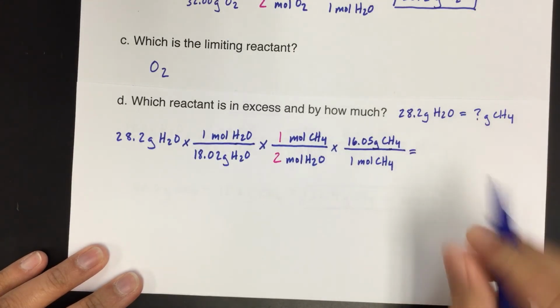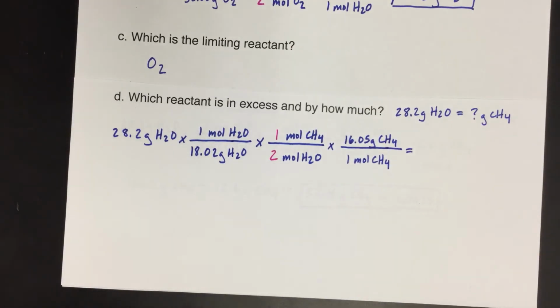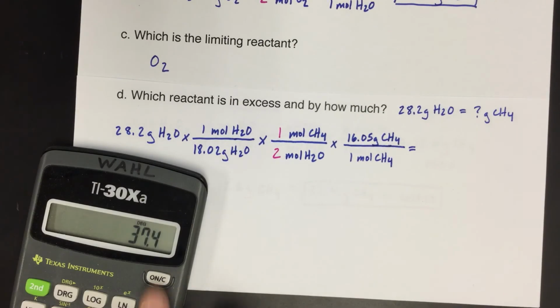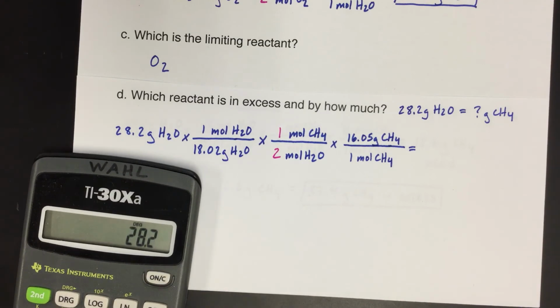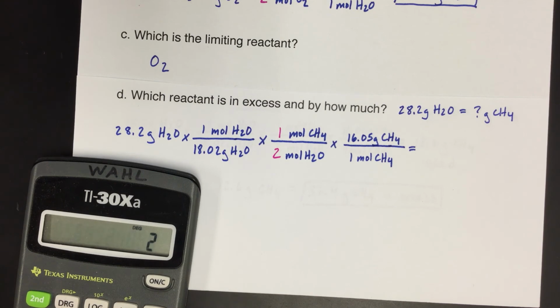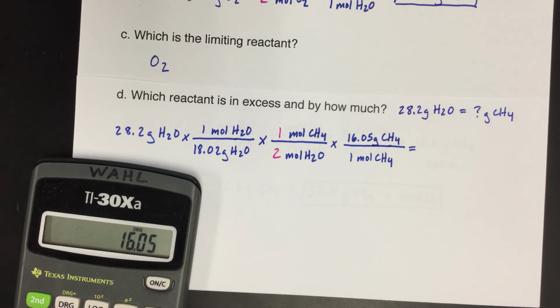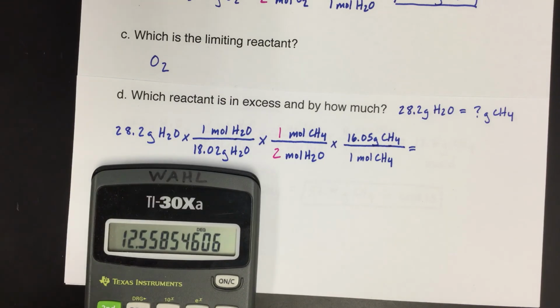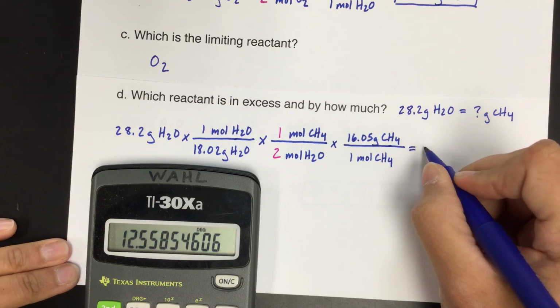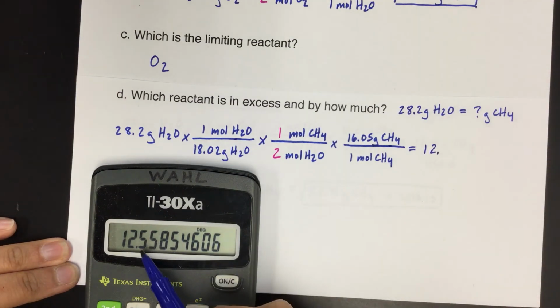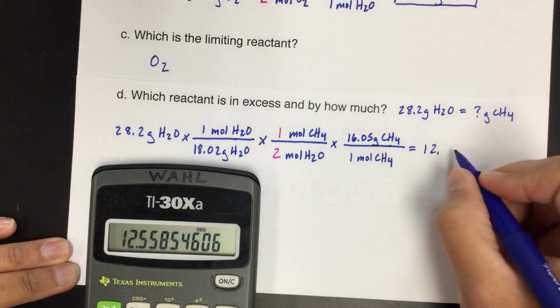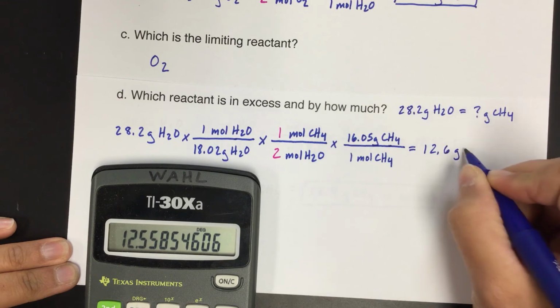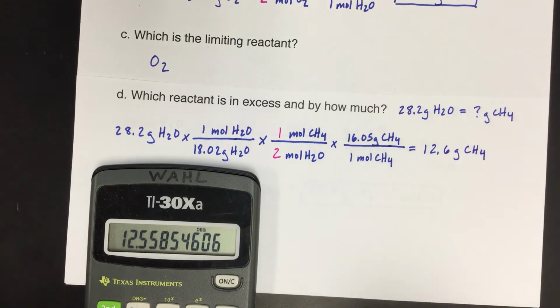So now we will do this calculation. We're allowed to use 3 sig figs here, so we get 12.6 as our answer, because it's a 5 followed by 5 with other stuff. So 12.6 grams of methane.